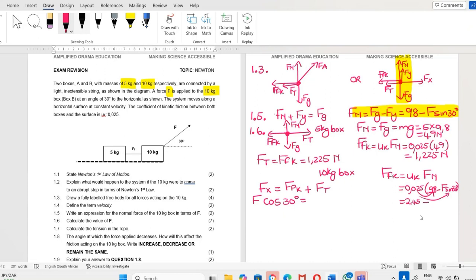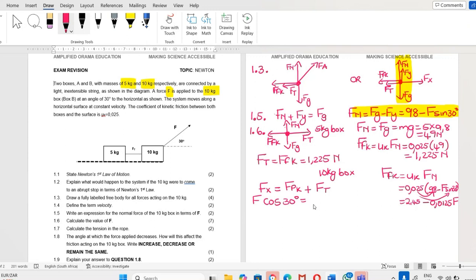minus 0.025 sine 30 degrees. And we get minus 0.0125 F. Okay.